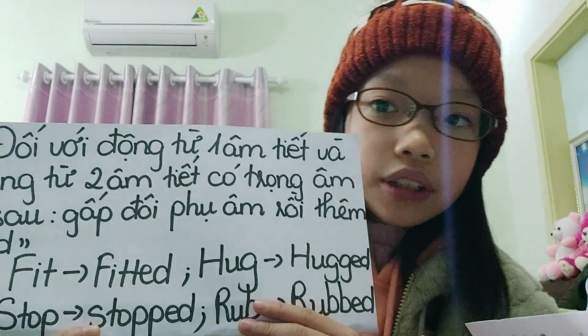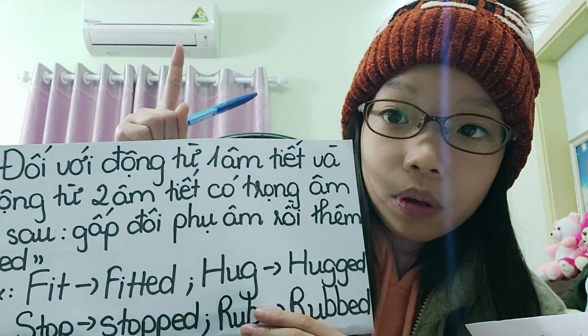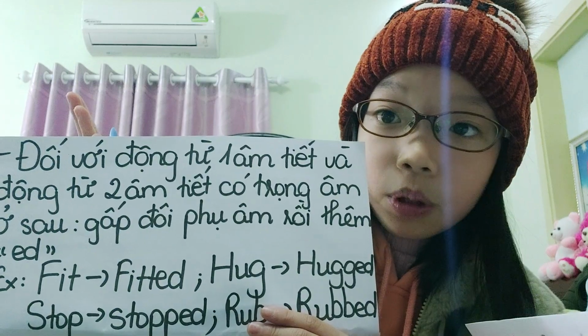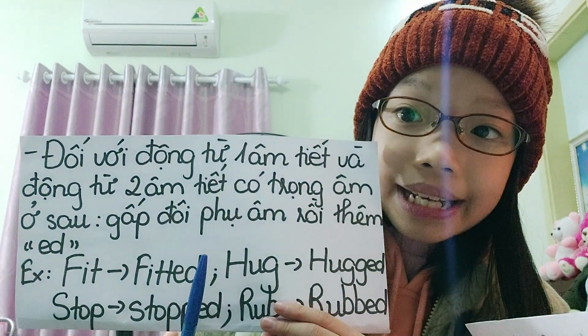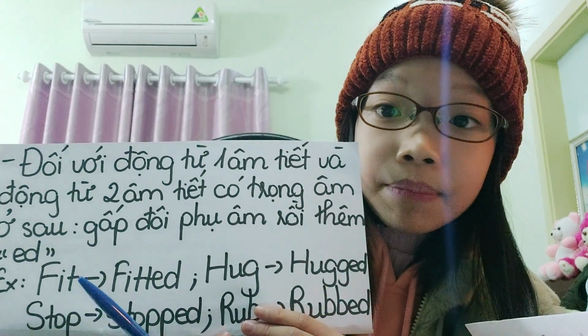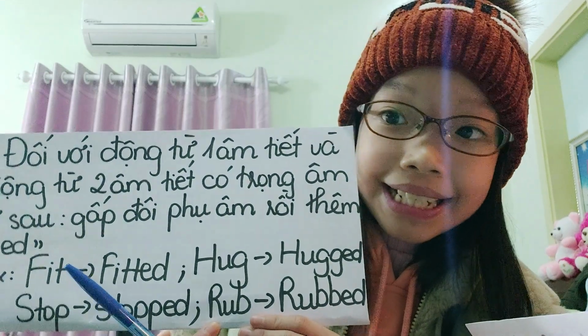Type 1 over here. With some words that have 1 syllable or 2 syllables, and the stress is on the second syllable, you just need to double the consonant and add ed. Just double the consonant and add ed. It may look a little bit difficult, but the example is absolutely easy.